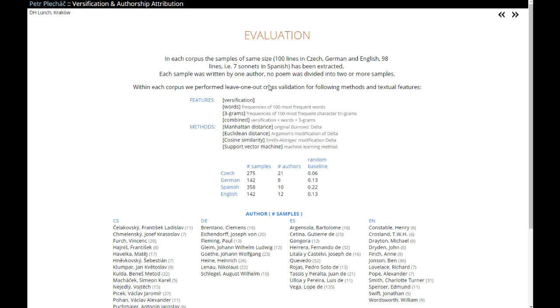Absolutely. So far I was comparing this simple stress per syllable with taking each line or half line as strings of zeros and ones and counting the frequencies of these strings, which gives you a much larger number of possible values.